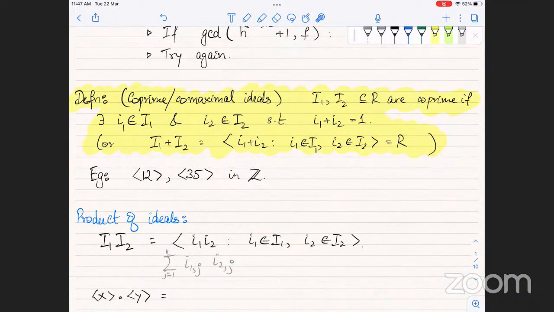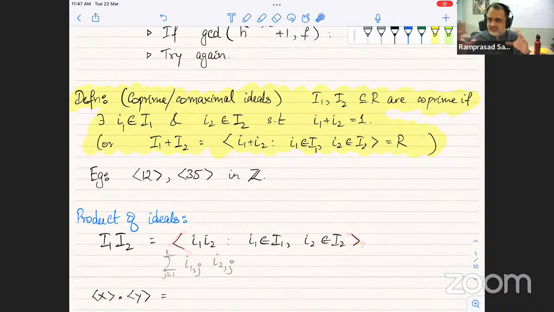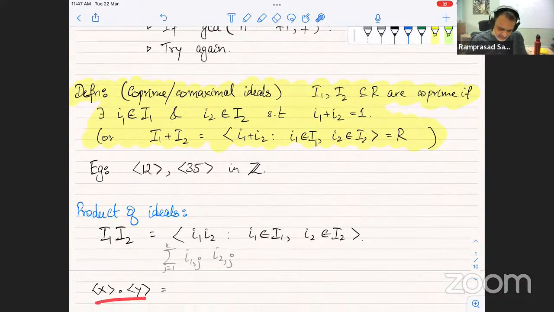All linear combinations of the finite products. Yeah, but that's the same thing as taking the ideal generated by them. I'm just saying these are your generators, and now you are allowed to take anything that you are forced to take. Basically, look at the smallest set of things that you are forced to take. It's the same thing. Okay, so now let's look at what this product is going to be.